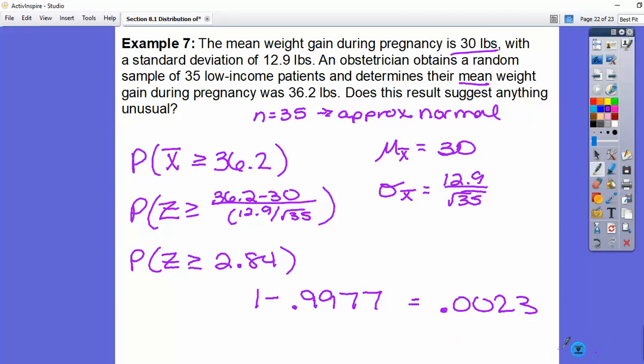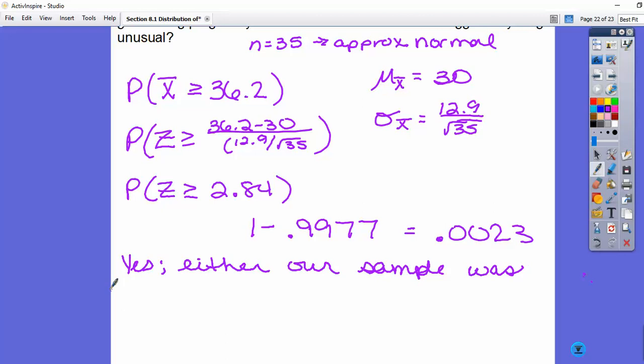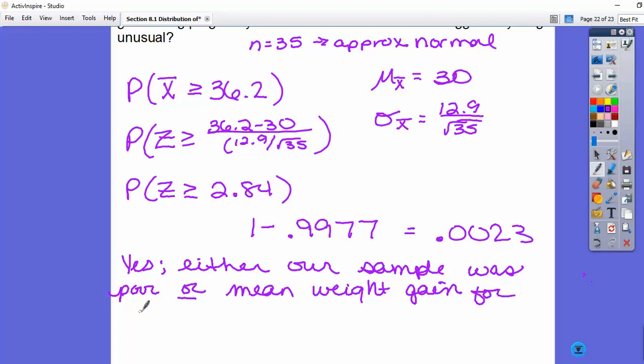So there is only about a 0.23% chance, so not even a full percent chance that this happens. So the question then, does this suggest anything unusual? Yes, absolutely. What that means is either our sample was poor, so in some way we picked a poor group of people to use, or it could mean that the mean weight gain for the low income group was higher.